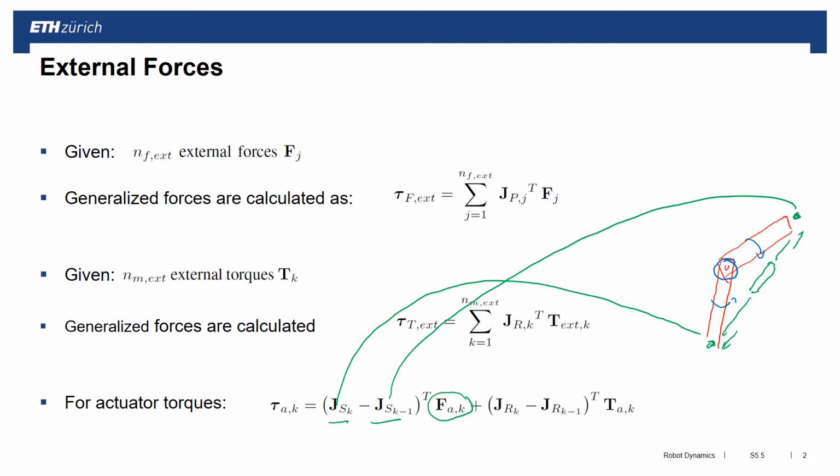So we have the rotational Jacobian of that body and the rotational Jacobian of this body multiplied with this torque that the motor produces. So we have the action and the reaction part in our dynamics equation of motion. And of course you have to pay attention to whether you're taking the right positive or negative sign for both of them.